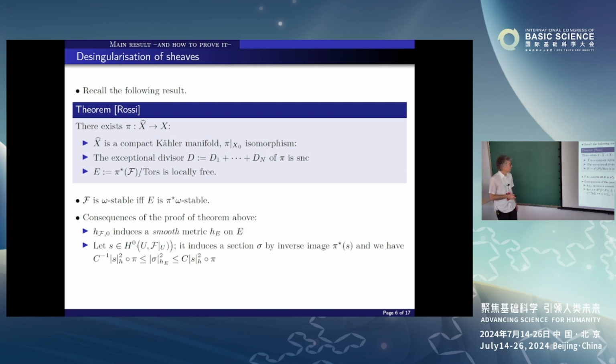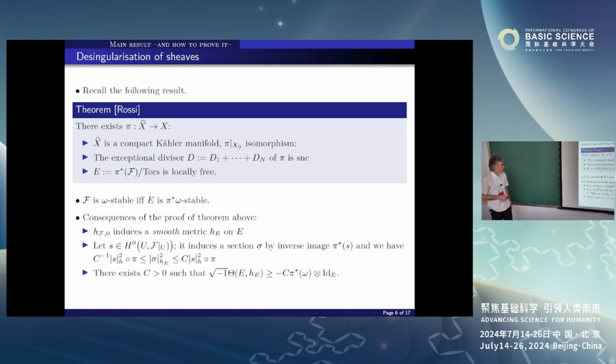And moreover, we can compare the norm of the sections. If we have a section of F downstairs, we take the pullback, and then we have uniform constants here, right? Those constants are not going to 0 or infinity as you approach the exceptional divisor, okay?